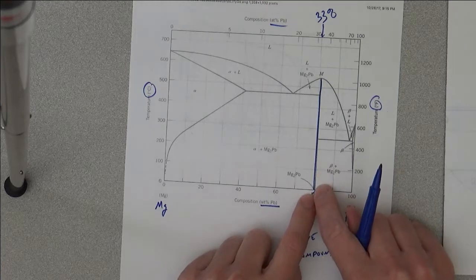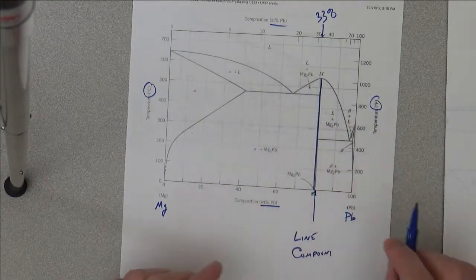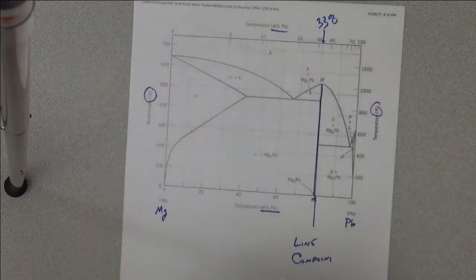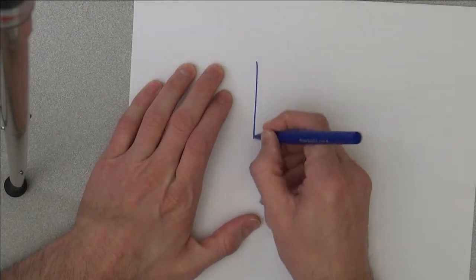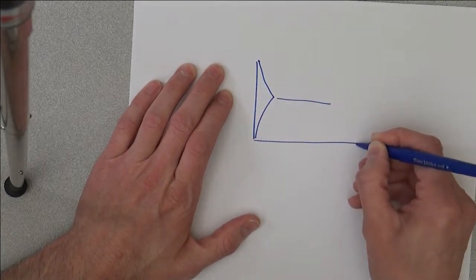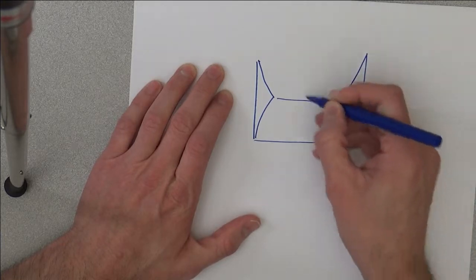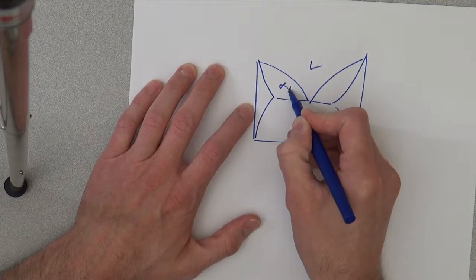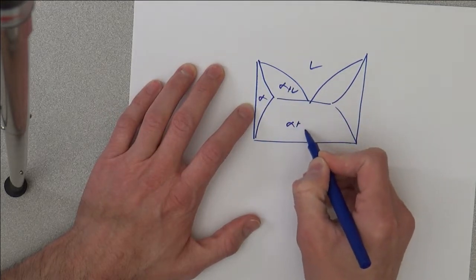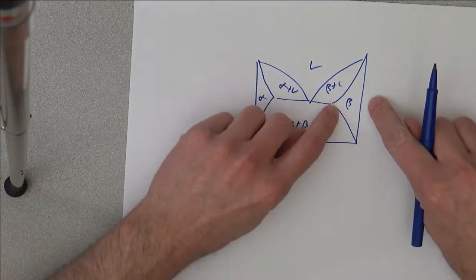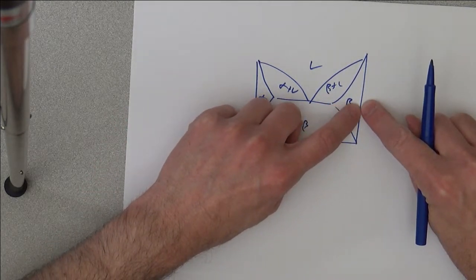When you form this, you can essentially think of it as taking a phase diagram like this: liquid, alpha plus liquid, alpha, beta, beta plus liquid, and then shrinking these until they're 0.